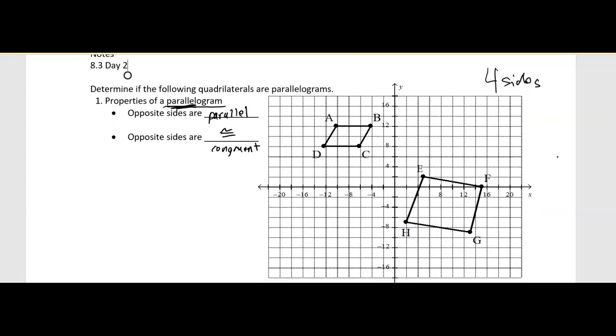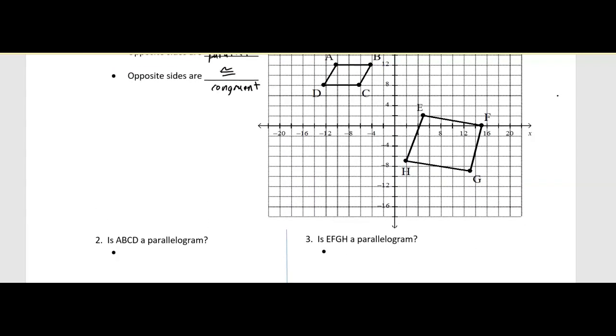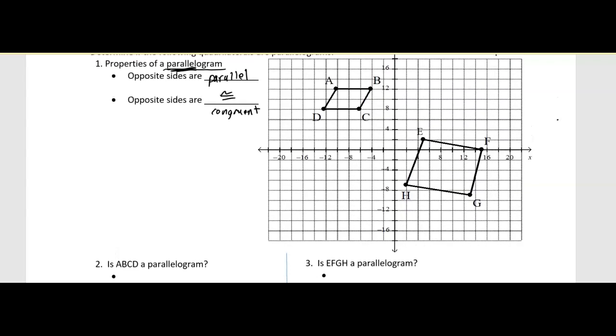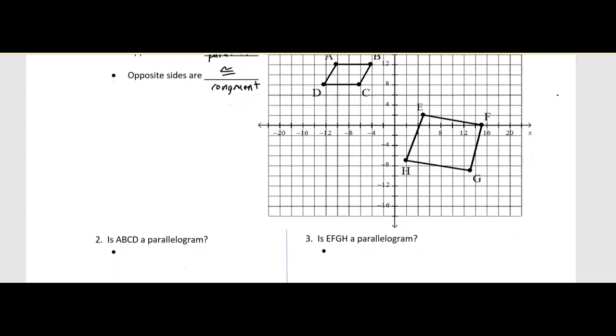So what you're doing here in these problems, when I say determine if the following quadrilaterals are parallelograms, is determine, is quadrilateral ABCD a parallelogram? And what we just have to show is, are the opposite sides parallel, and are the opposite sides congruent? So when we look at ABCD, let's start with the parallel first.